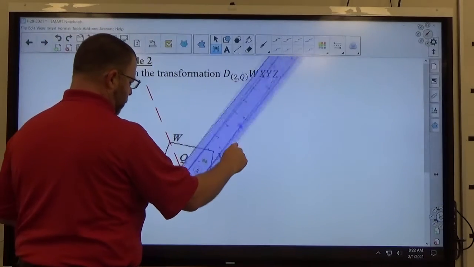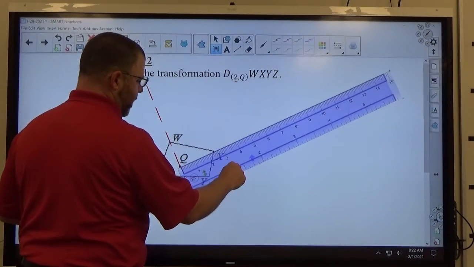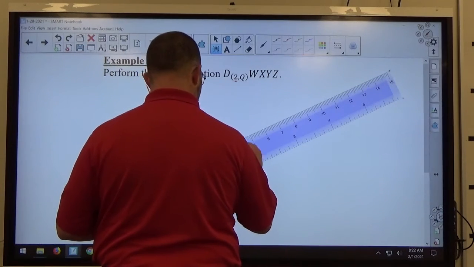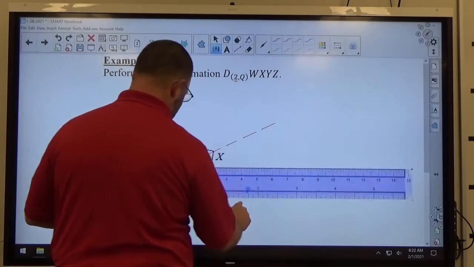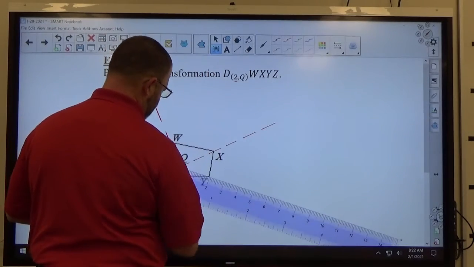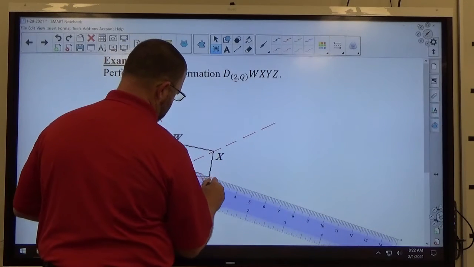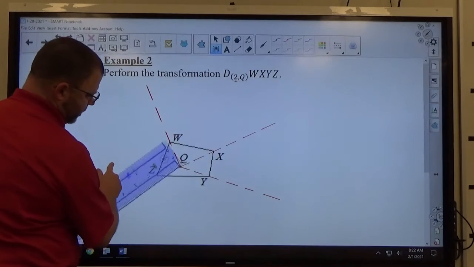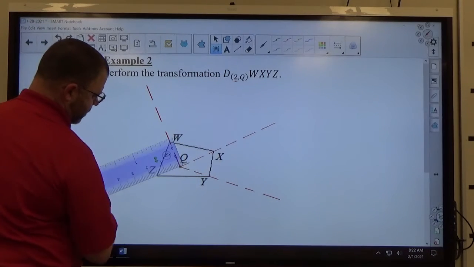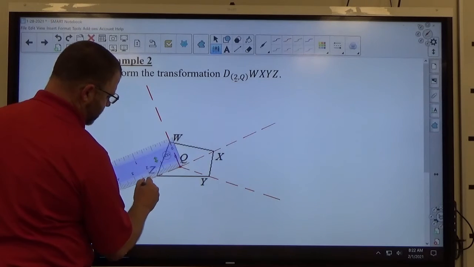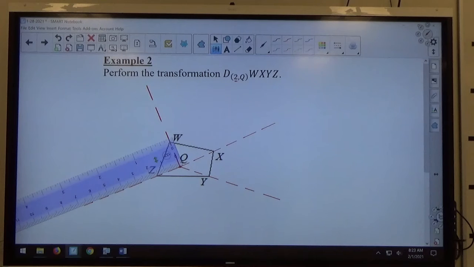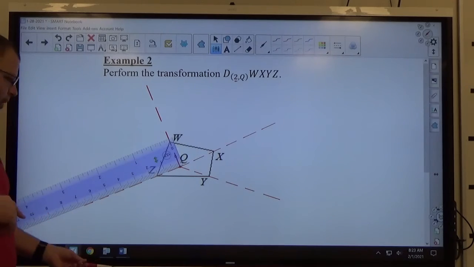Then I'm going to twist my ruler around and go through X. Keep twisting around, I'm going to go through Y. And finally twist around and go through Z. I'm just expanding them so I know I'm going to be going double length this time to get my W prime, X prime, Y prime, and Z prime.